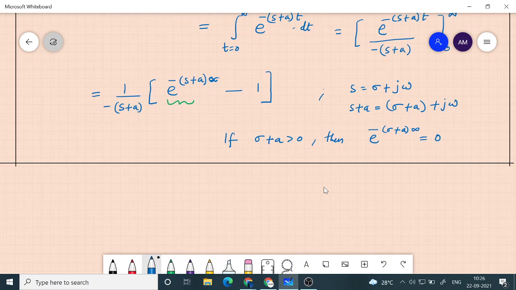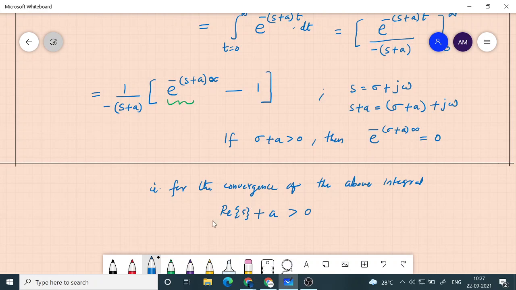So if you want this integral to converge, for the convergence of the above integral, real part of s, that is sigma, plus a should be greater than 0.